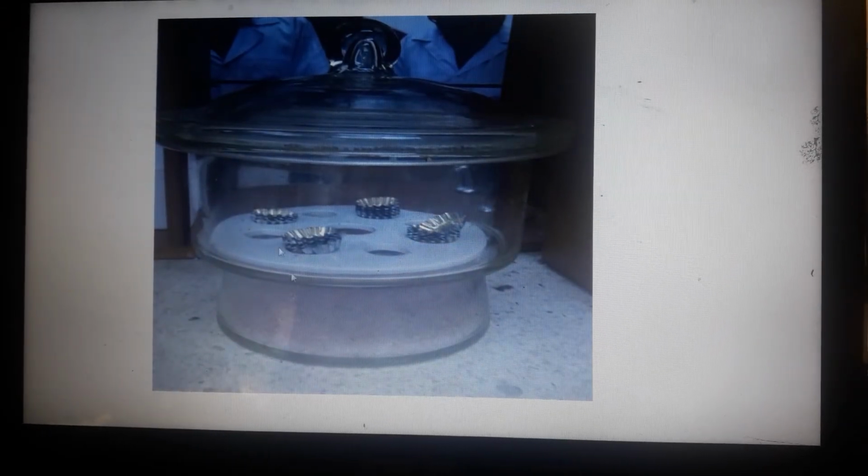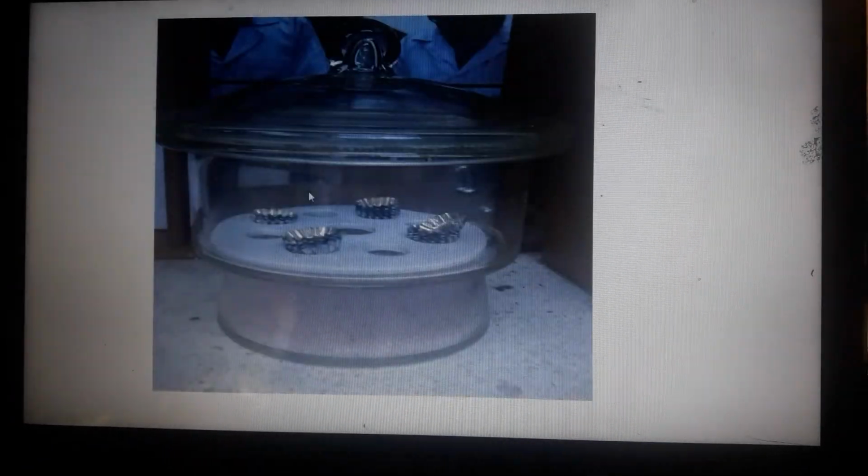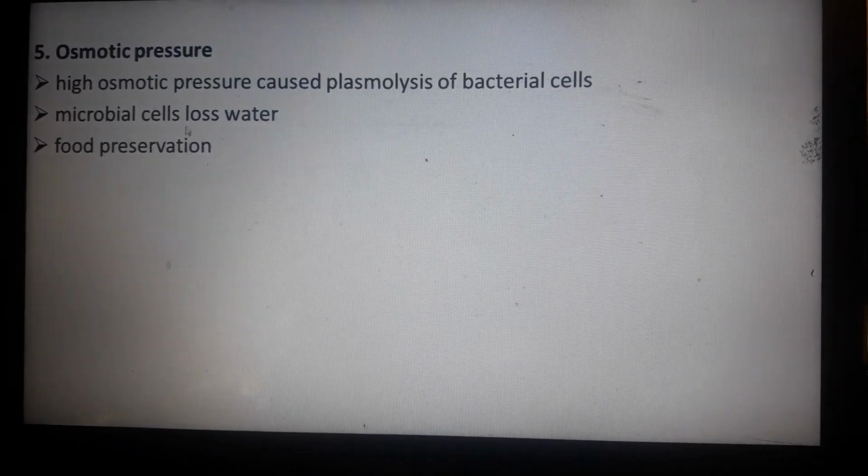So this is considered to be the desiccator. Usually there is a dehydration process that will happen that will cause the death of the microbes. Okay, osmotic pressure: high osmotic pressure causes plasmolysis or lysis of bacterial cells.